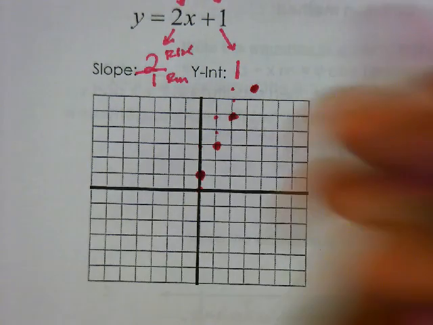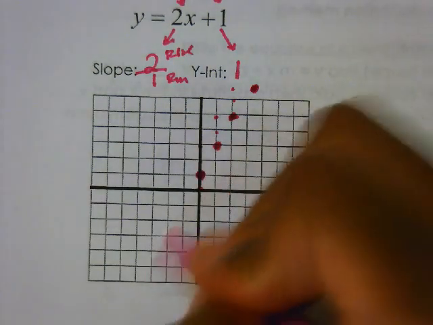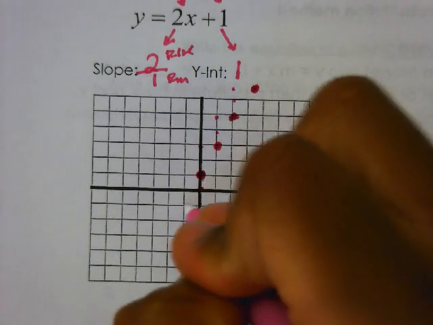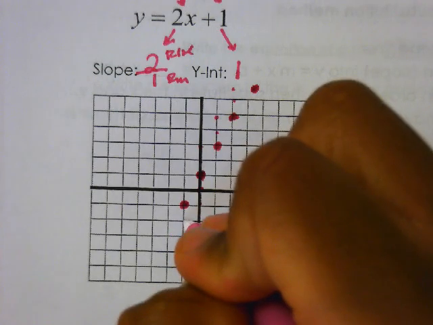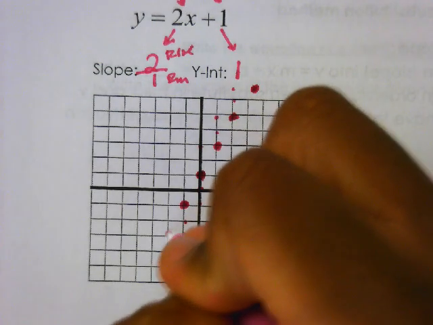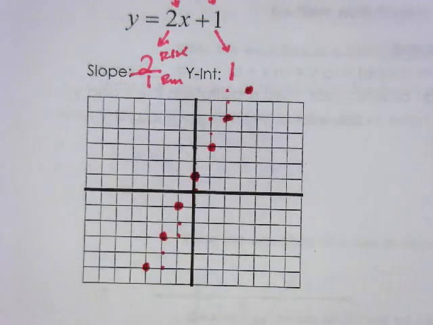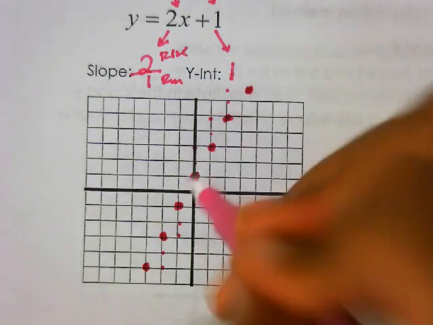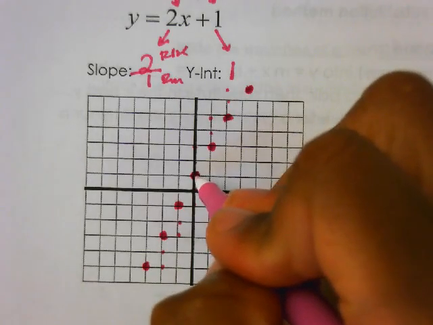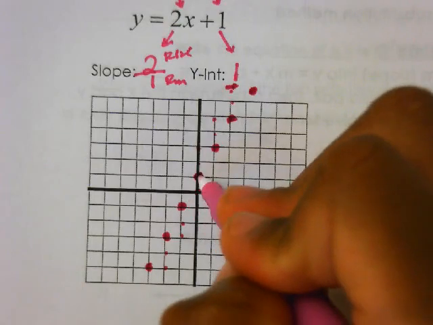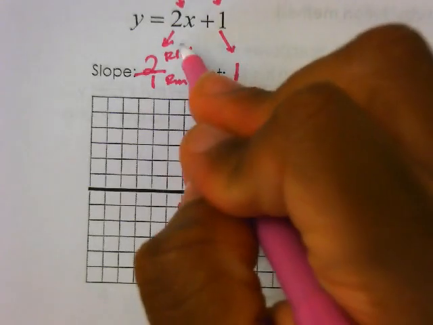Now, if I want to take it the other way, so it'll be all the way down, we'll do the opposite. We'll go down 1, 2, left once, down 1, 2, left once, down 1, 2, left once. And so now we have the whole line. But we started it at this positive 1 because that's my intercept. And then I went up 1, 2 because that's my rise.